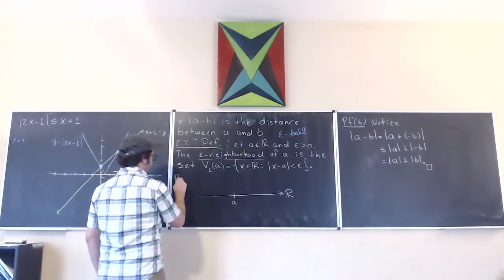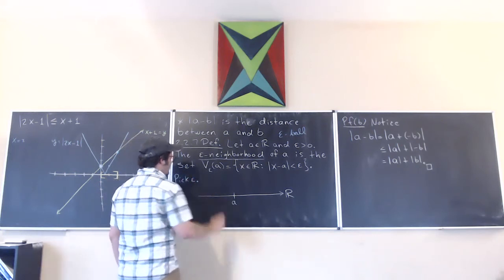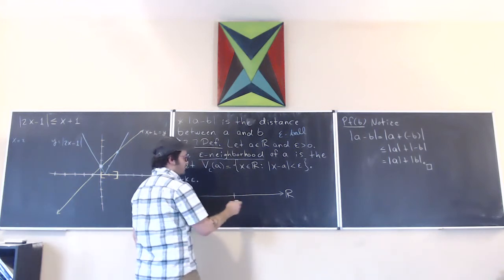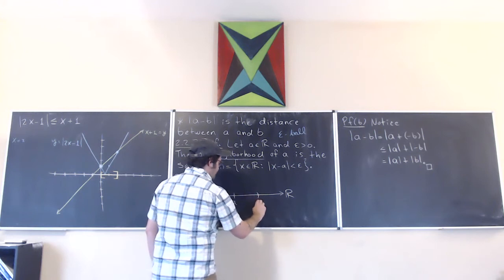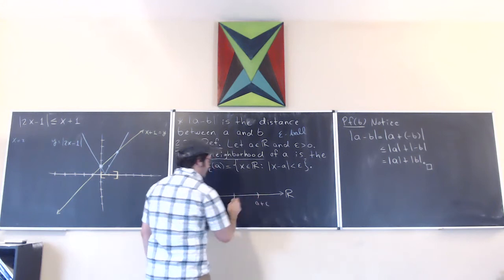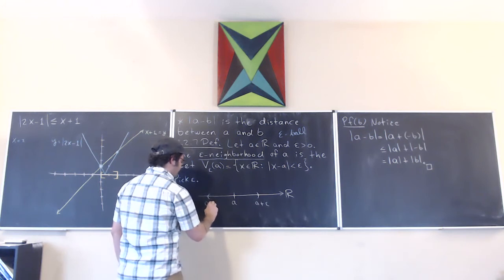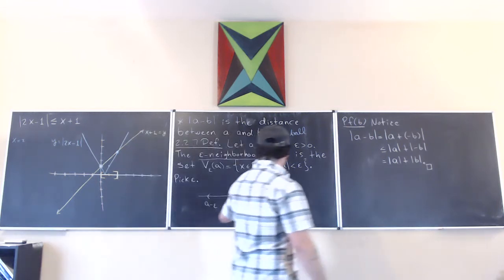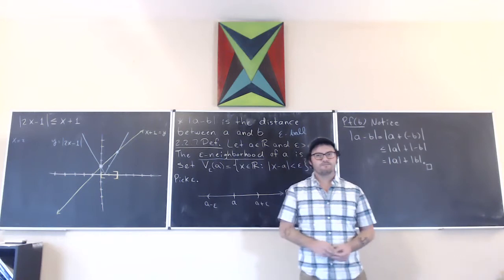So first you pick epsilon, and then once you pick your epsilon, you get an epsilon ball around A, or epsilon neighborhood around A, by just A plus epsilon going that way, and then A minus epsilon going this way. So anything in this interval will be in the epsilon neighborhood around A.